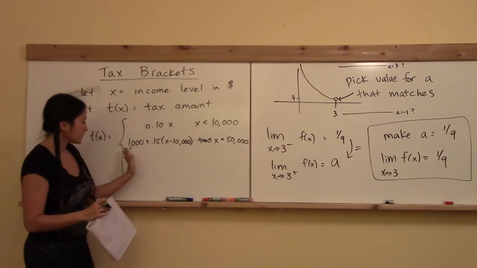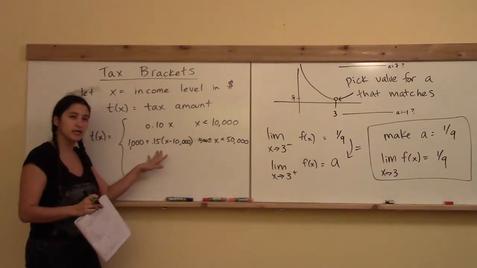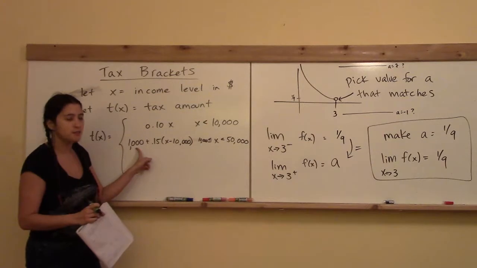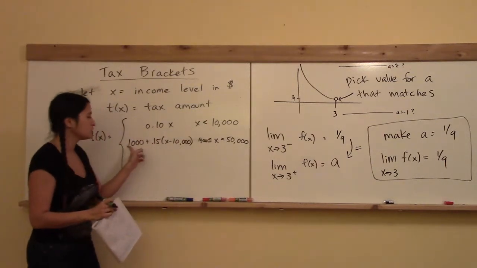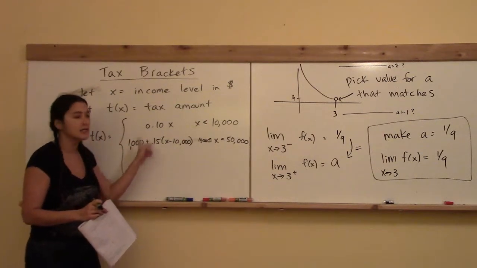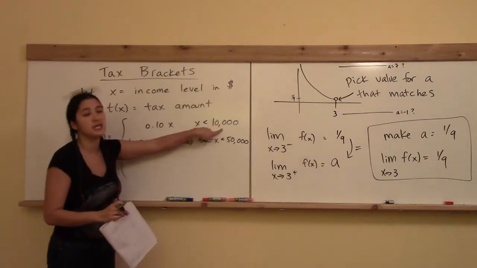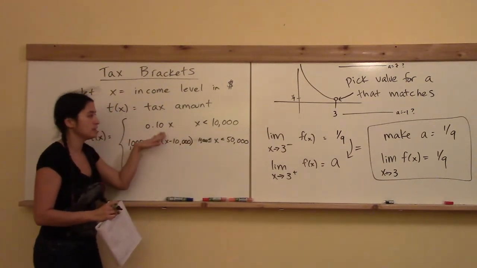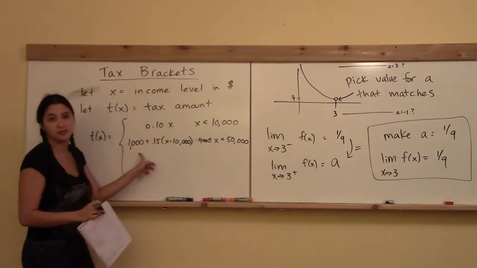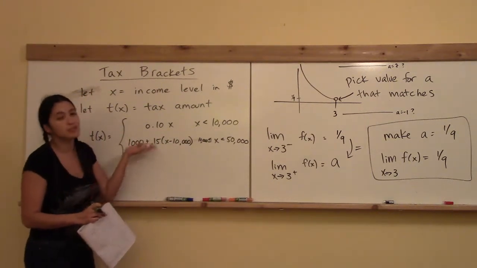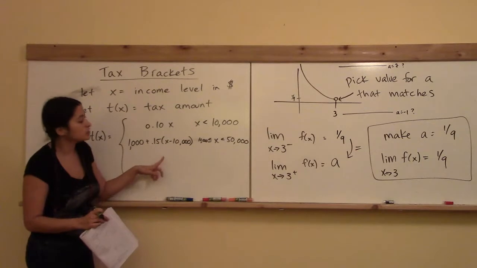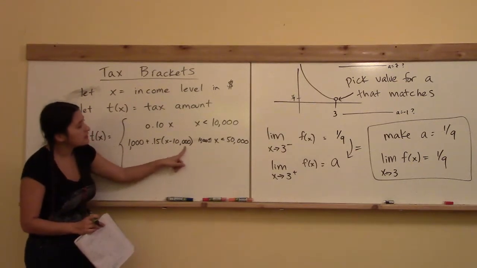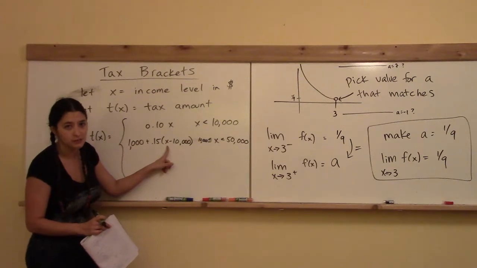Now, what this equation represents is the $1,000 of tax that you had to pay on the first 10 grand that you made. Okay, so if I made $10,000, I have to pay 10%, which is $1,000. And then, since I'm in the higher tax bracket, now I'm getting charged 15% of all the money that I made that was larger than $10,000.